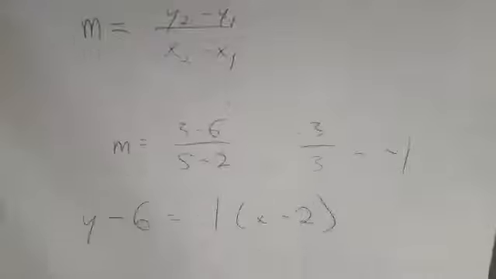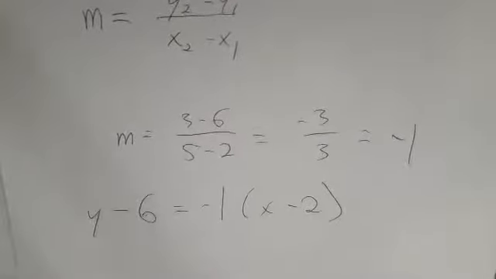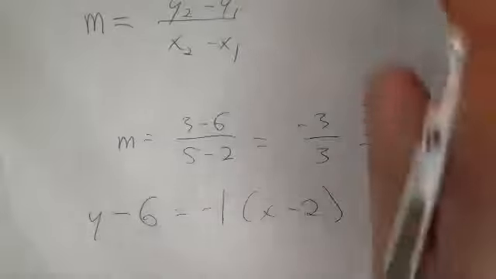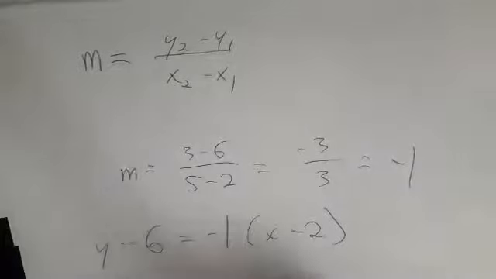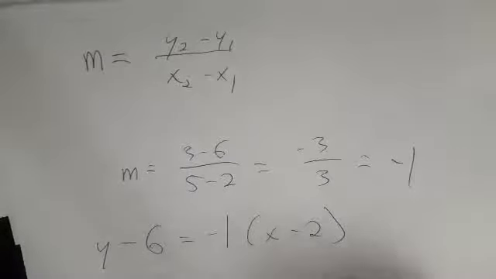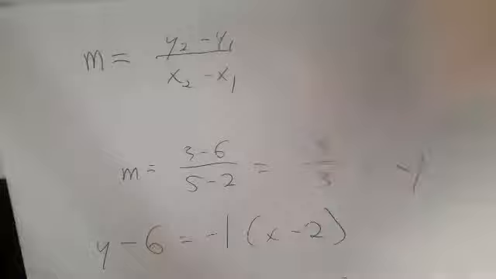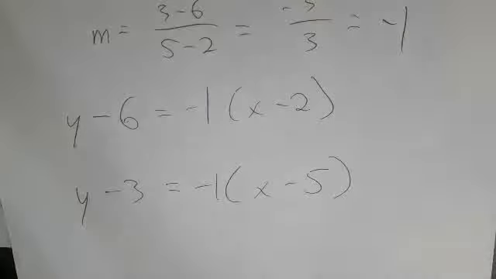I can plug in that one, or I can plug in the other one. It shouldn't matter which point I plug in. Whether you solve one or the other, it should solve out to the same thing for slope intercept.